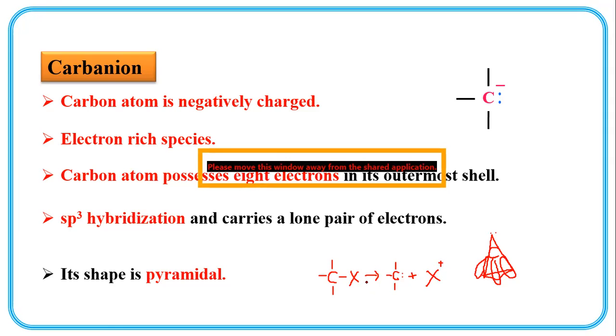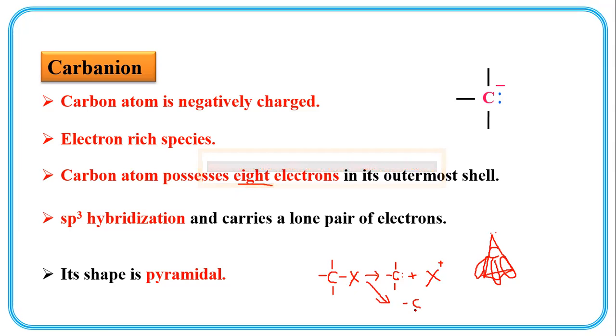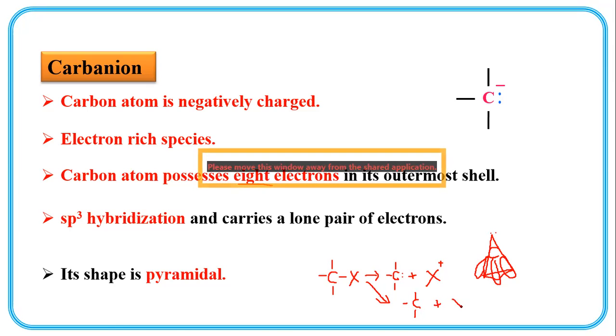Okay, and if X is more electronegative than carbon, then on heterolysis, what will happen? Carbon plus, X with two electrons and negative charge.